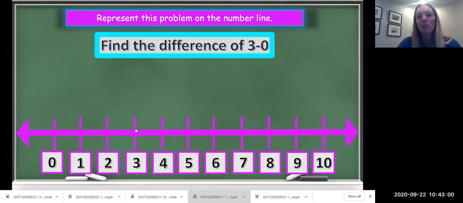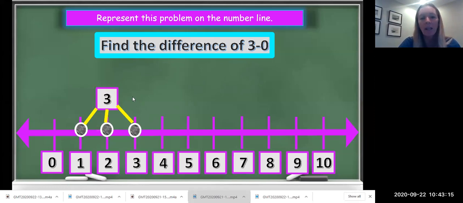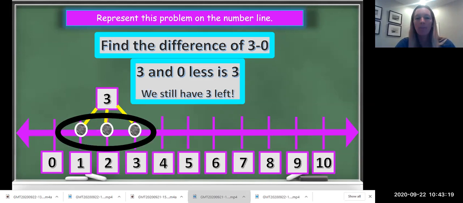Okay, perfect. So we knew that we needed to start on 3. And if I go down 0, how do I go down 0? Oh, that means I'm not going to make any jumps. I'm going to stay right there. So the answer is 3. And we've talked about that before.